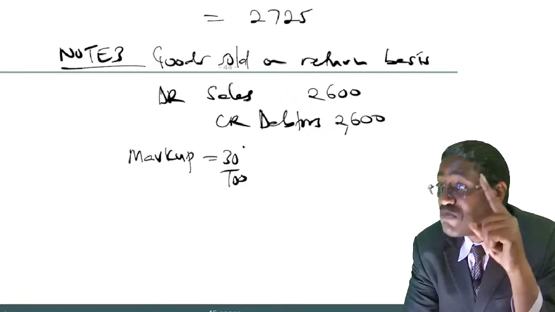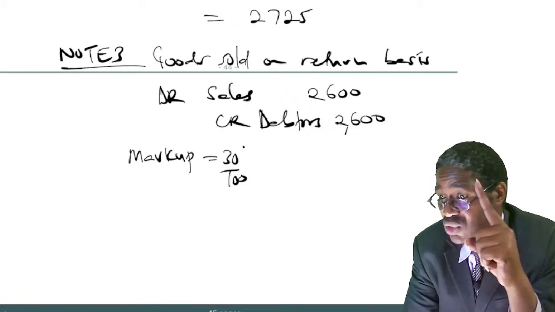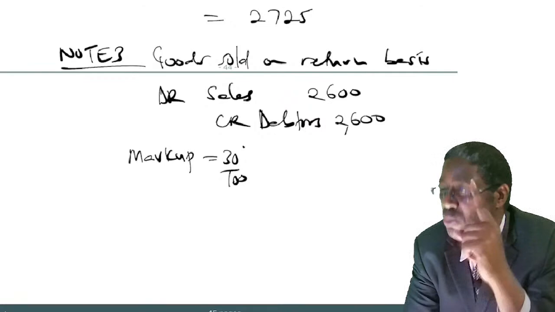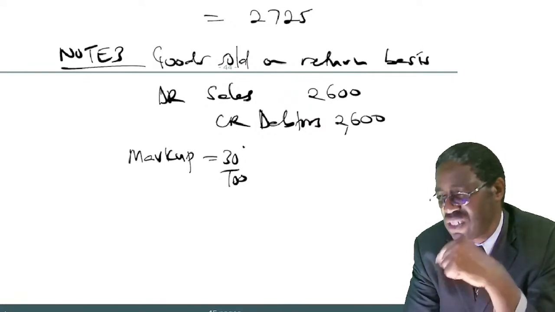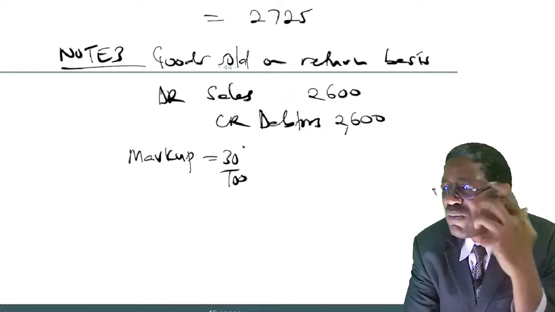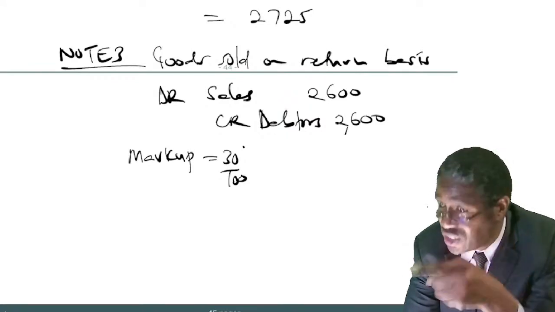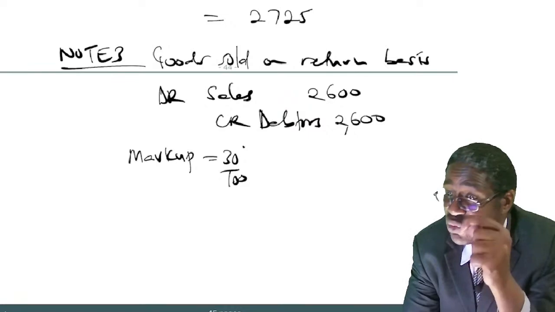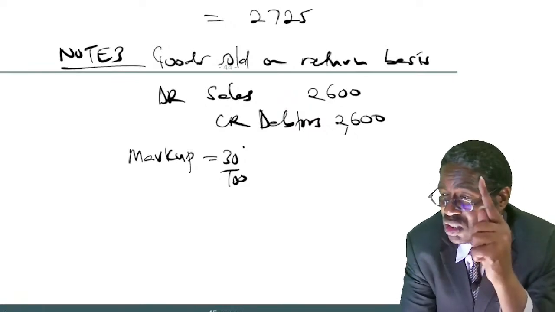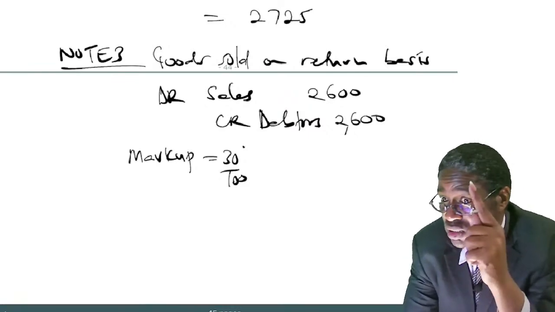Why? Because margin is GP divided by sales. I know the sales already, so what I'll be left with is one unknown called the GP.